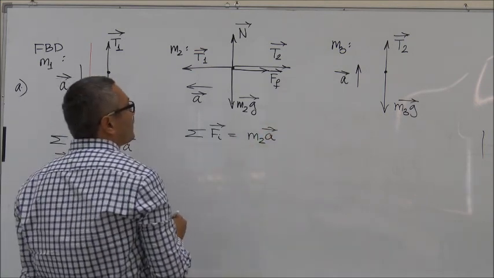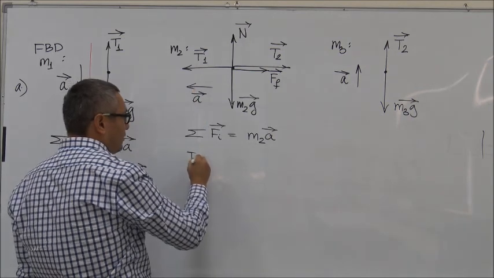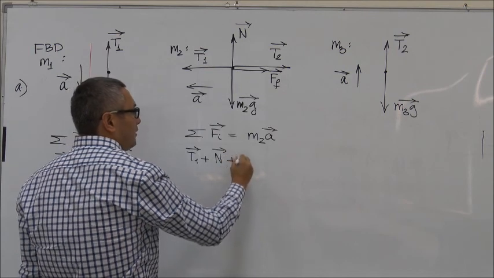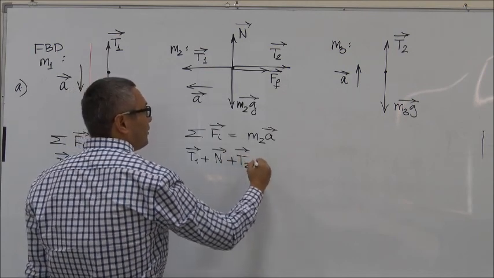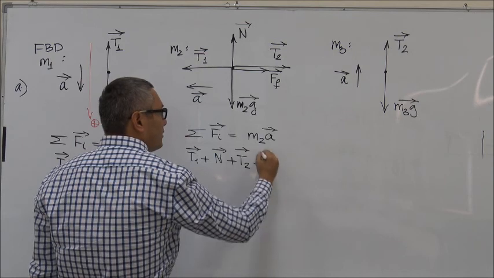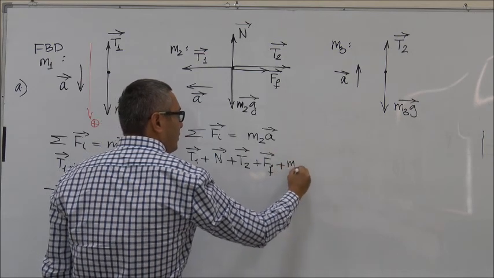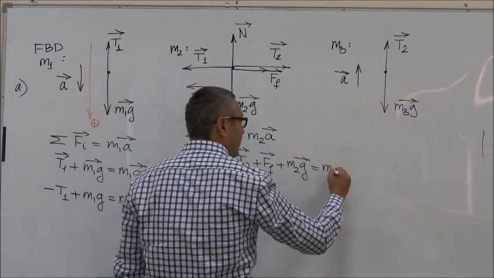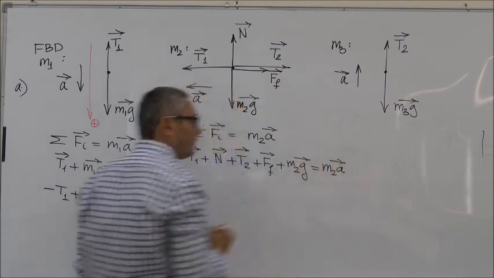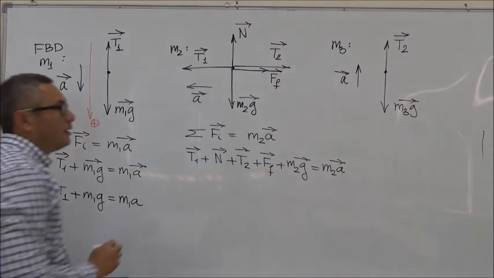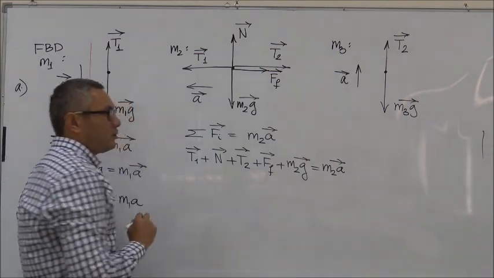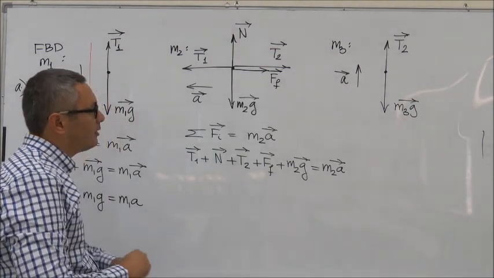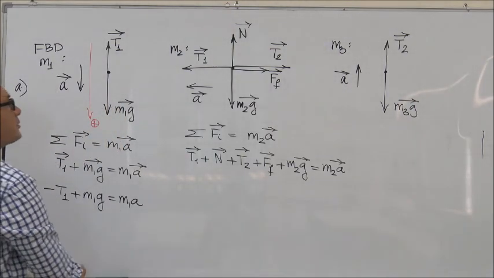So in this case, we have force T1, force N, T2, friction force, and M2G equals M2A. So this is Newton's second law in a vector form, and now we need to look at the horizontal and vertical components.